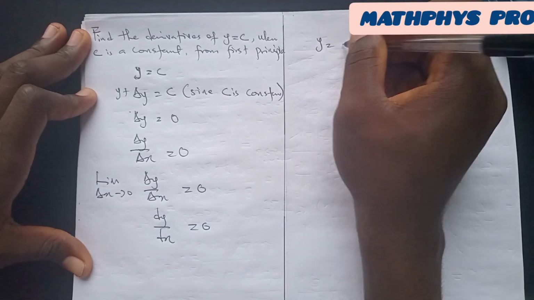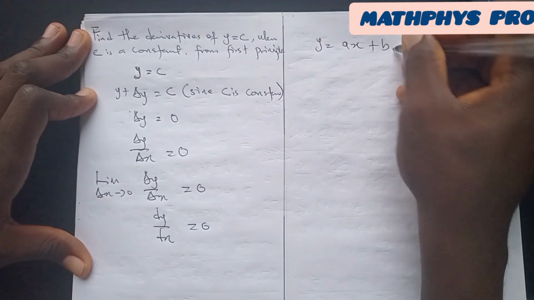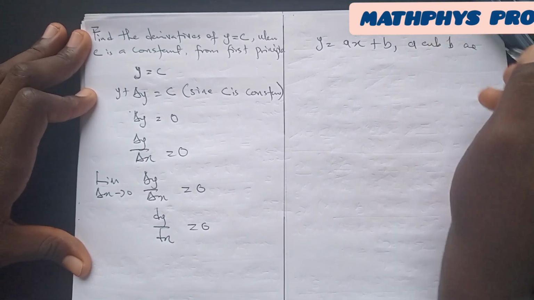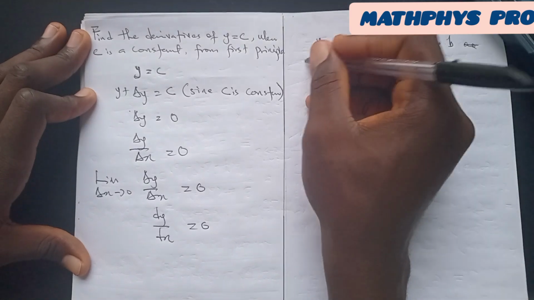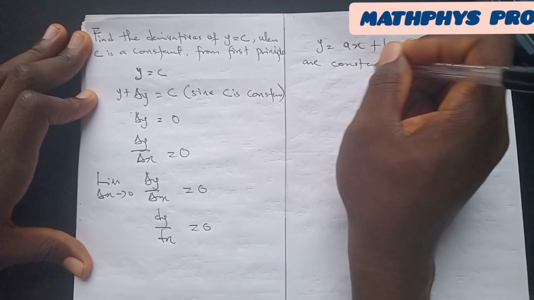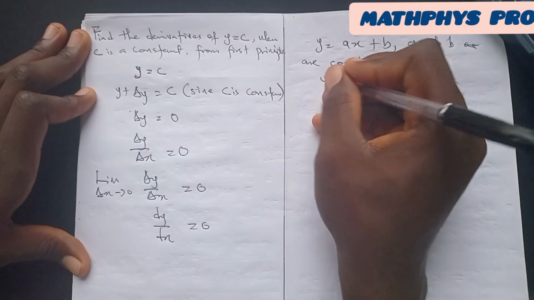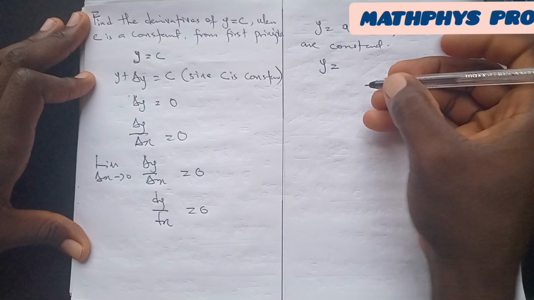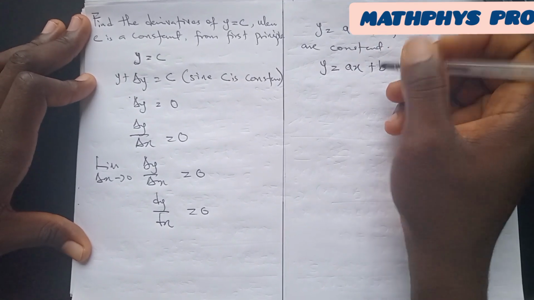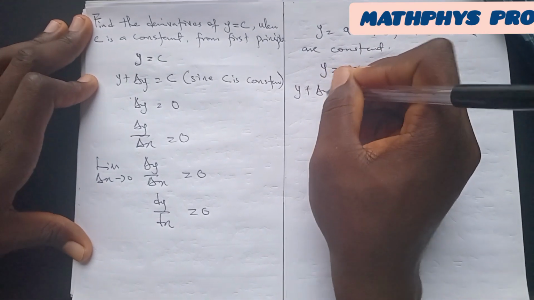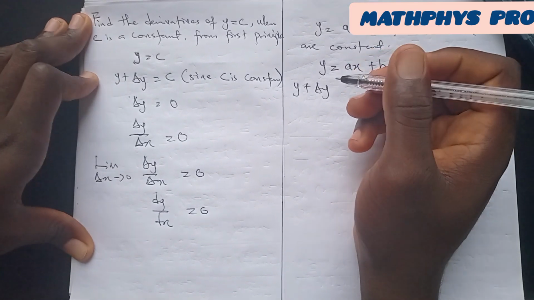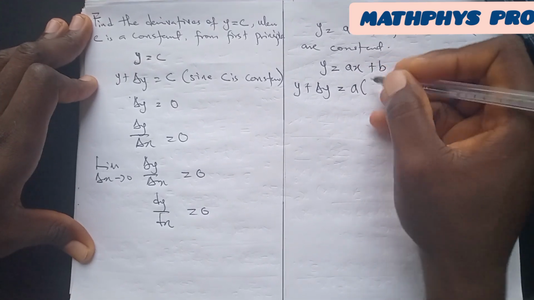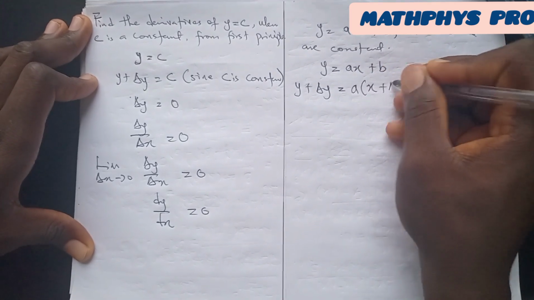So now let's take another example that says, find from first principle the derivative of y equals ax plus b, where a and b are constants. So you can say that y is equal to ax plus b, and y plus change in y is equal to a, all in bracket, x plus change in x.